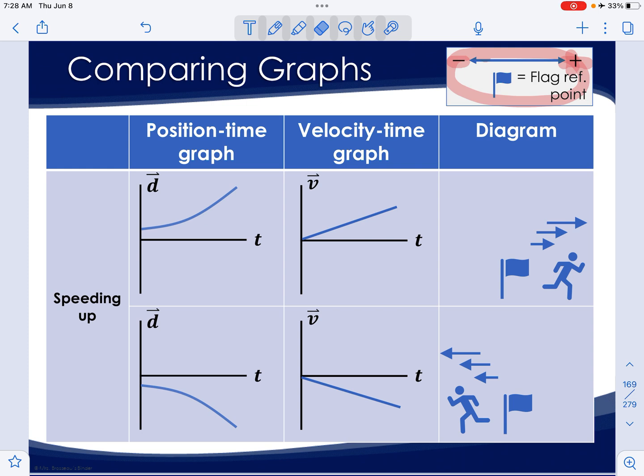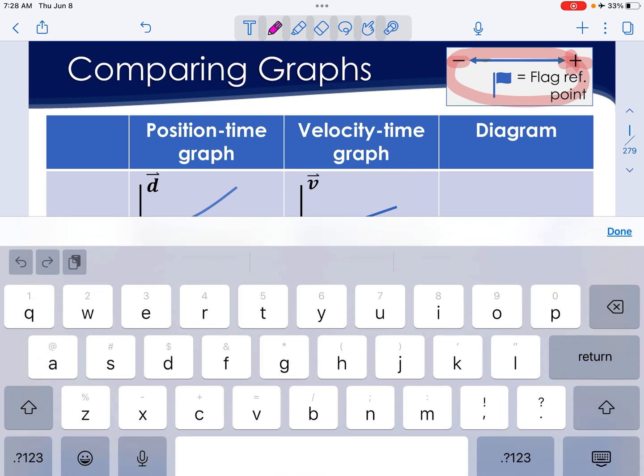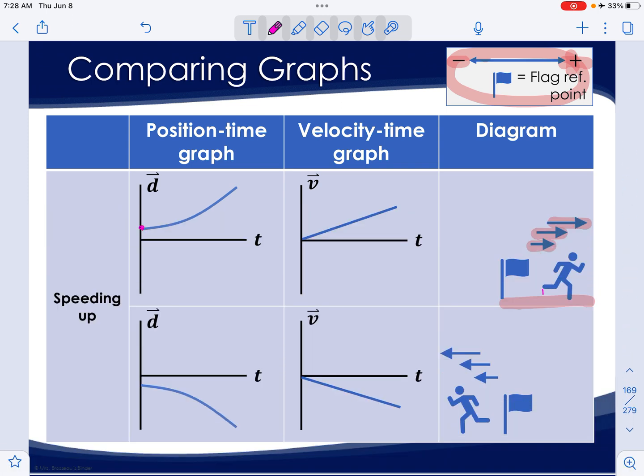From this diagram, it looks like he's accelerating because you can see how the arrows are getting bigger. He didn't start right at the flag, he started away from the flag, like here. His position is increasing rapidly, exponentially, as he goes.